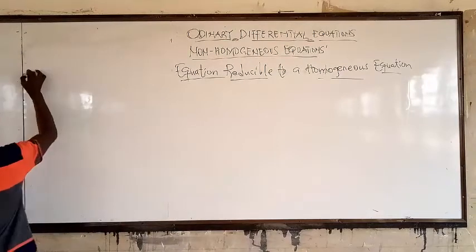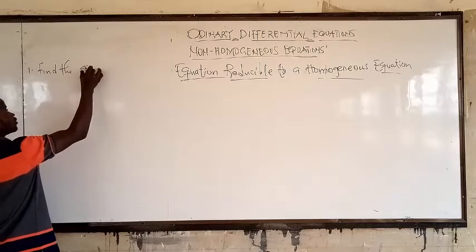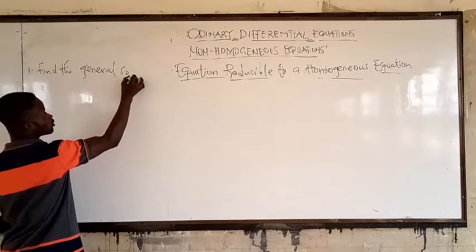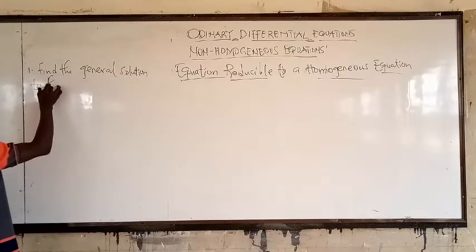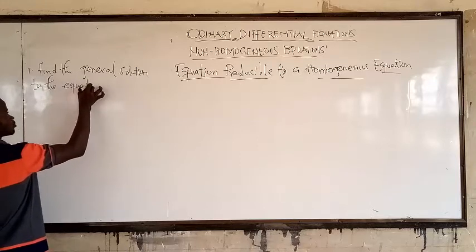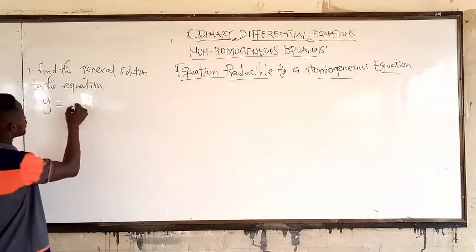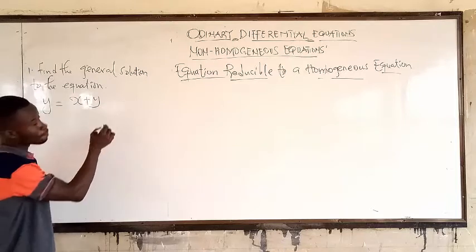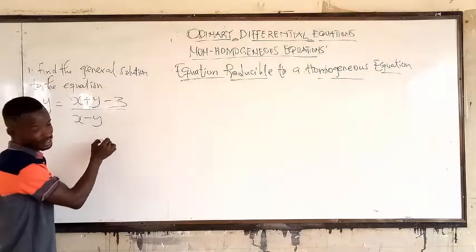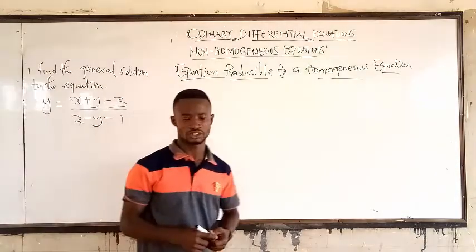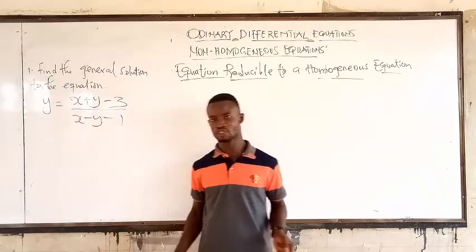Find the general solution to the equation: y' = (x + y - 3)/(x - y - 1). Very good. Now, let's assume this question is given to you.